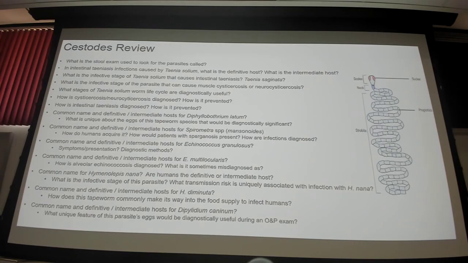Okay, and then if you have this infection, Dipylidium caninum, and you pass eggs in your feces, what is diagnostically distinctive about those eggs? Yeah, it looks a little distinctive. Okay, and then probably the most important question on this review slide, which two species are at risk of autoinfection?